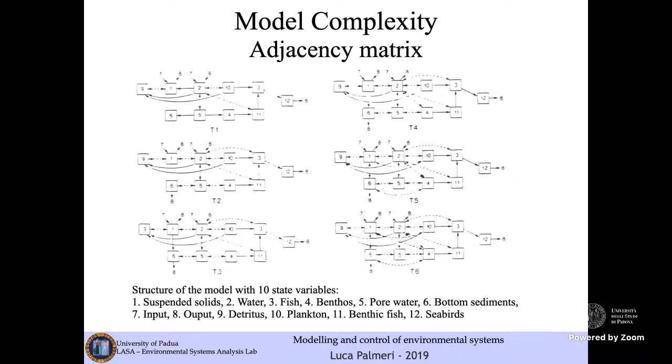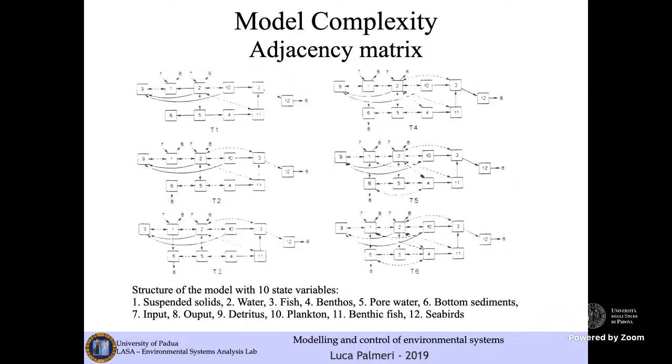I'm sorry for the quality of the picture, but if you download from the Moodle webpage chapter 2, that is a PDF of Fundamentals of Ecological Modeling, you will have this picture in higher quality, I think.